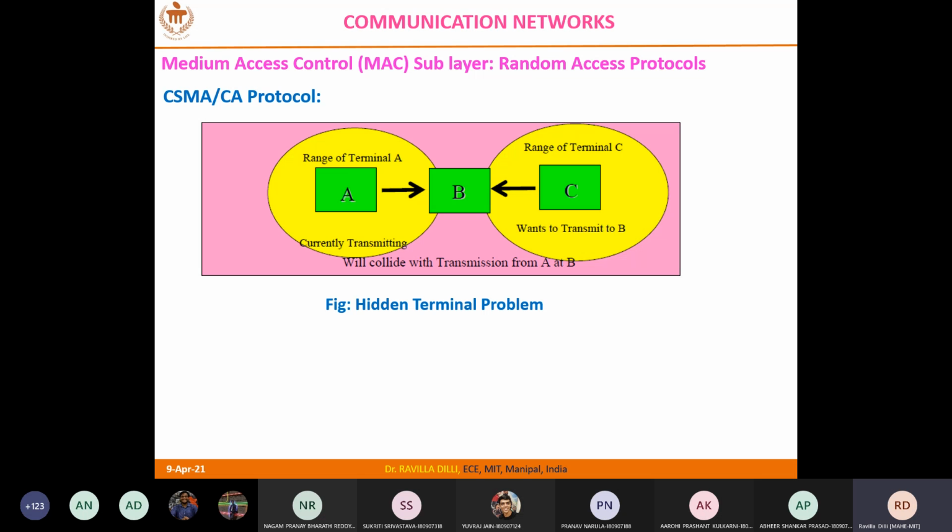The RTS packet will be received at B from both A and C, and B is going to give CTS either for A or C. It cannot give it simultaneously for both. So B is going to give CTS, let's say, for A. Then A is going to transmit the data and B will acknowledge. After the transmission between A and B, B is going to give CTS to node C. Then node C is allowed to transmit.